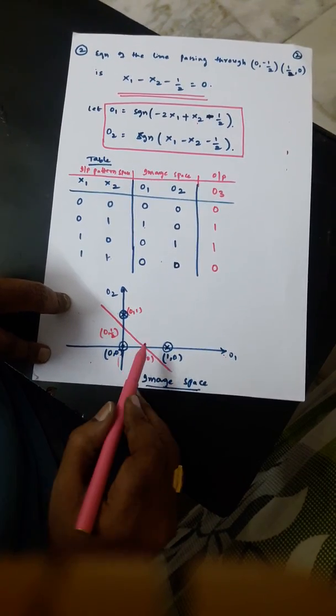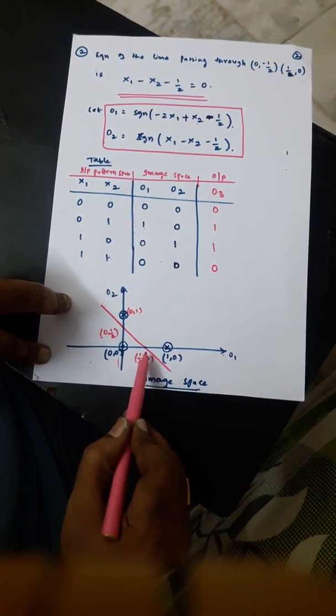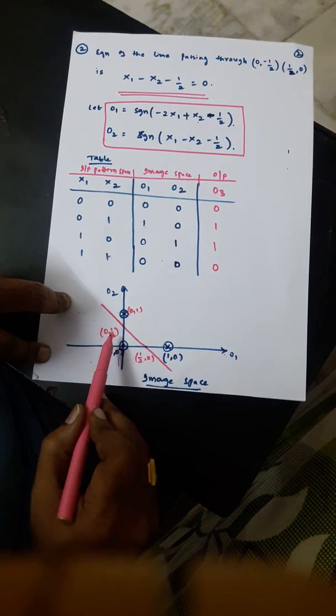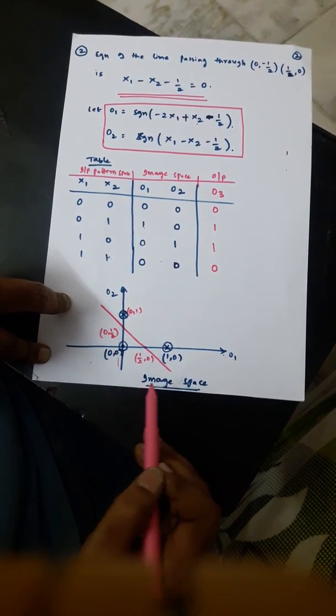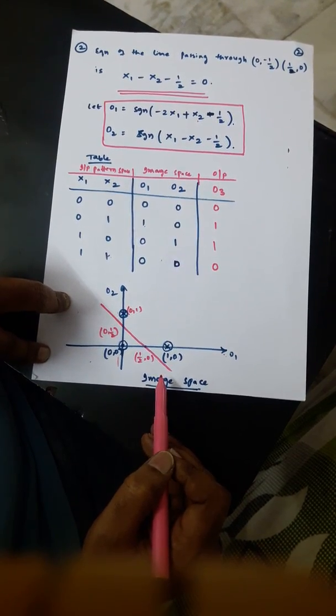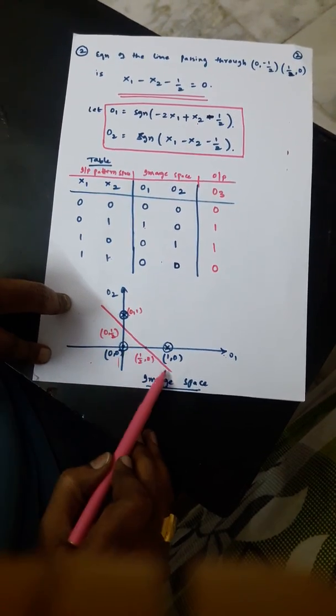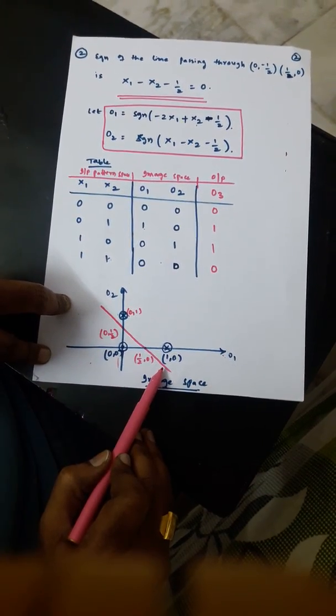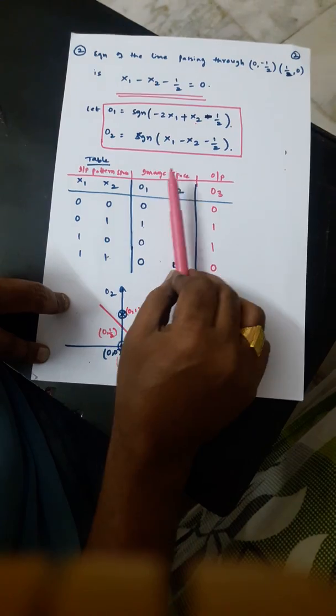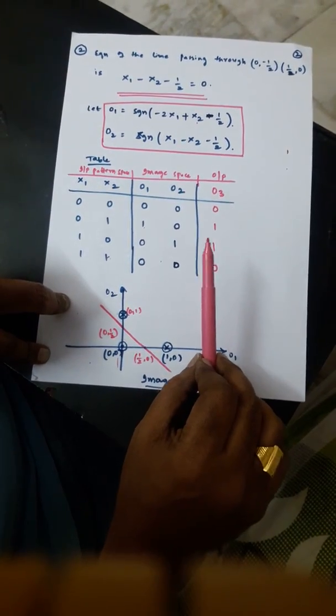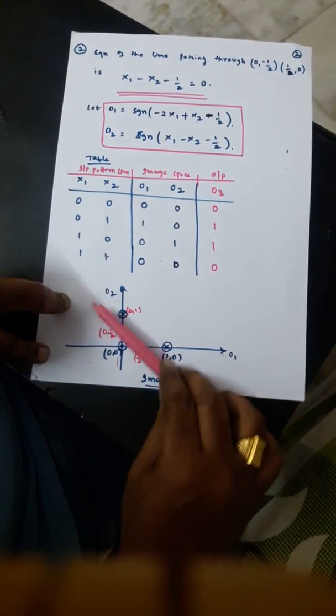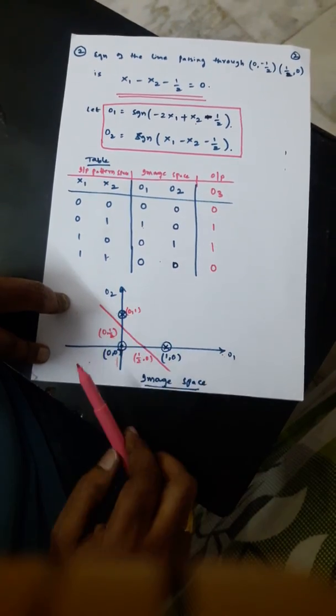Let me consider 2 points for drawing this straight line, which are 1 by 2, 0 and 0, 1 by 2, and draw the line. So this is the line separating the given elements in the image space into two regions.